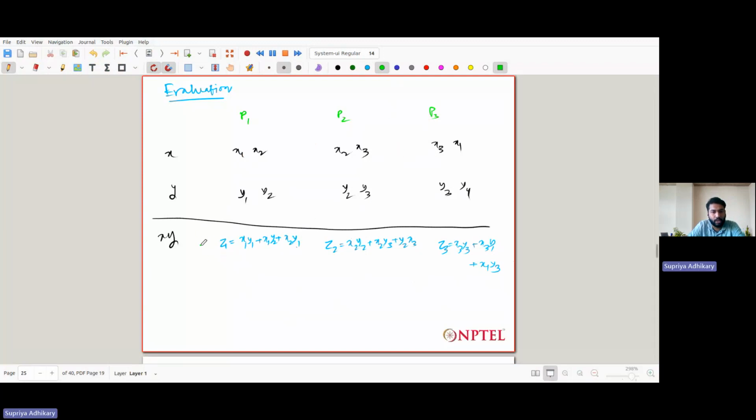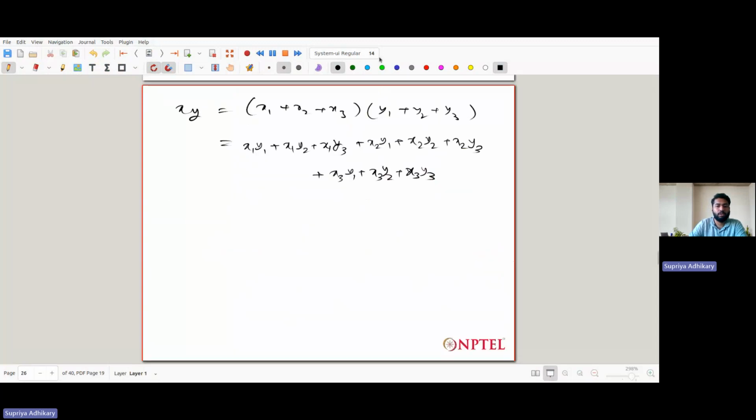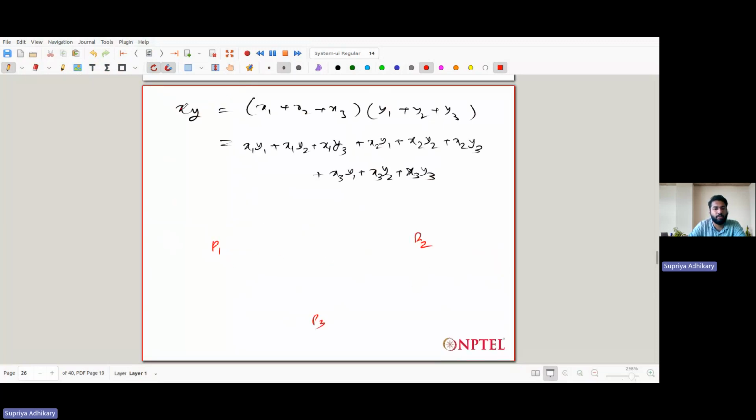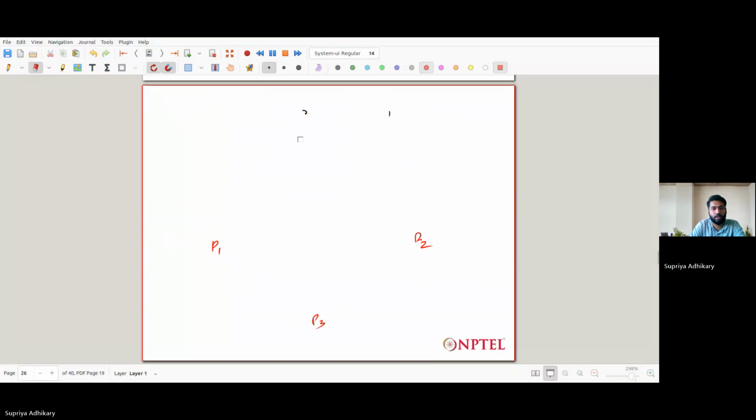So they can locally compute these z1, z2, and z3. One thing we can see is that if we sum up z1, z2, and z3, it will sum up to xy. So we have that xy is equal to z1 plus z2 plus z3. Now P1 has z1, P2 has z2, P3 has z3.